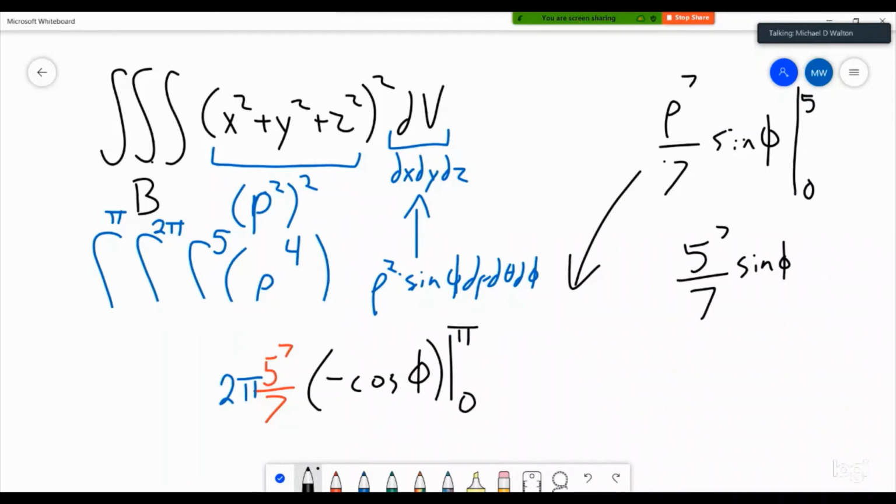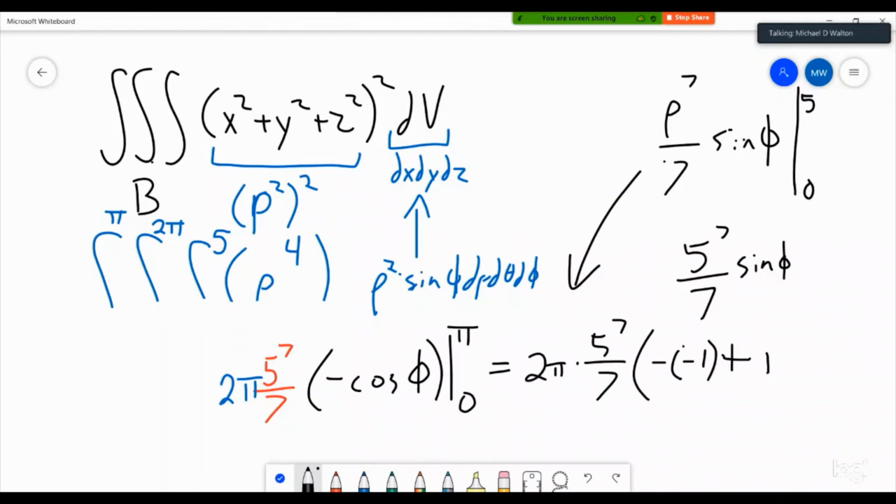Cosine of pi is -1, so we get 2 pi times 5 to the 7th over 7 times a negative of -1, because that's what cosine of pi is, minus the negative of cosine of 0, which is going to be 1, right?